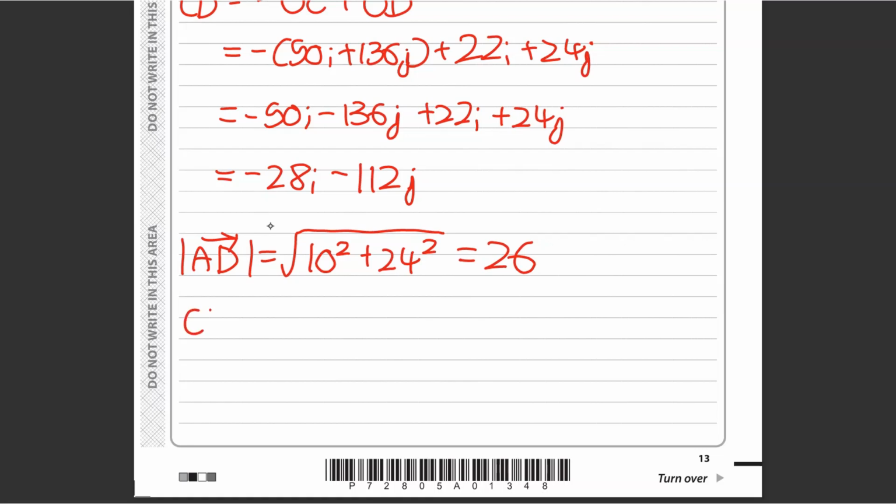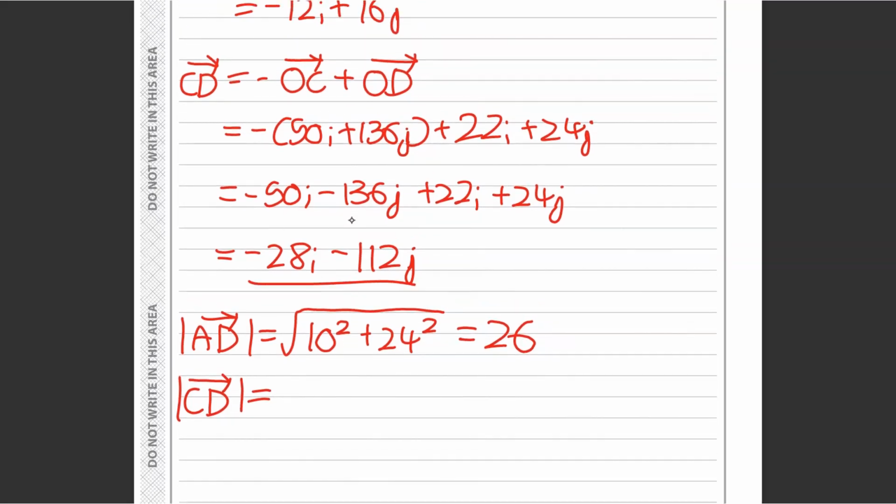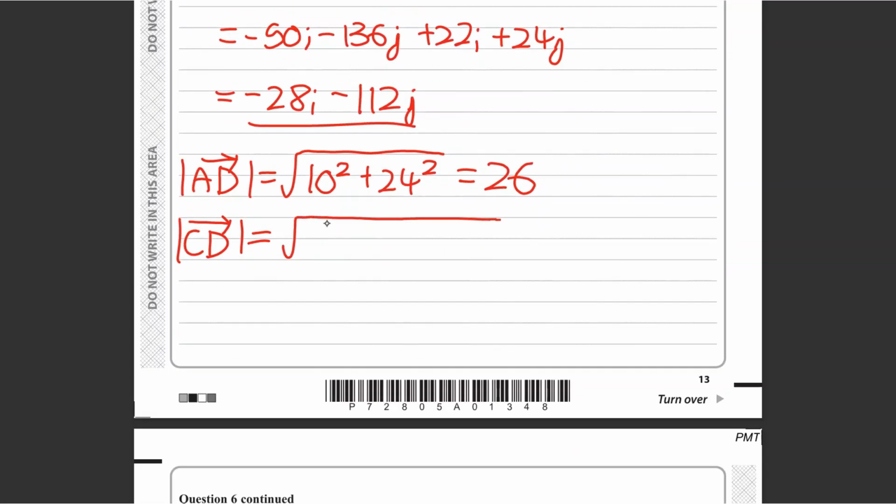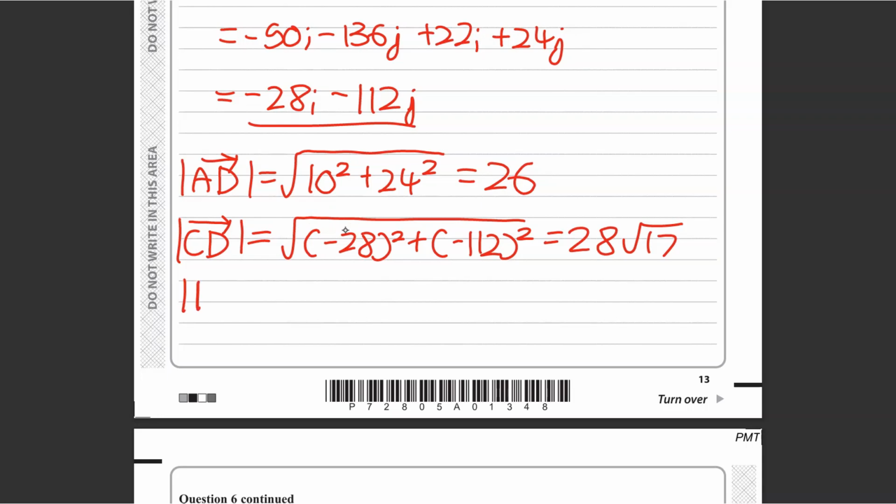Now, if we find the magnitude next of CD, so this is this vector here, it's going to be the square root of minus 28 squared plus minus 112 squared, and if you put this into your calculator, it's equal to 28 root 17. Okay, so if we now find the magnitude of the vector BC.